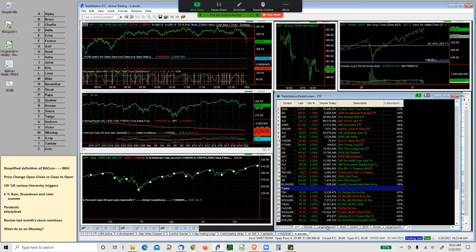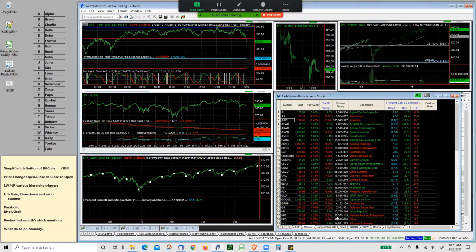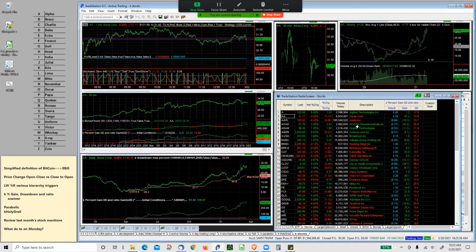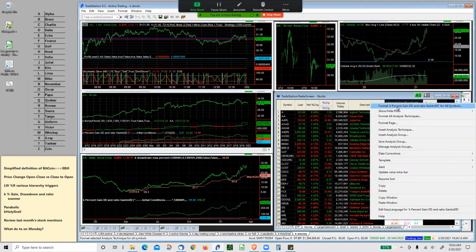Here are stocks, and I have this indicator which has a result. If you look at Alcoa Aluminum, for example, that's got a very nice result. I actually have a number of days on this, I think it's like 5 days. Hold on a second, let me see what that is.